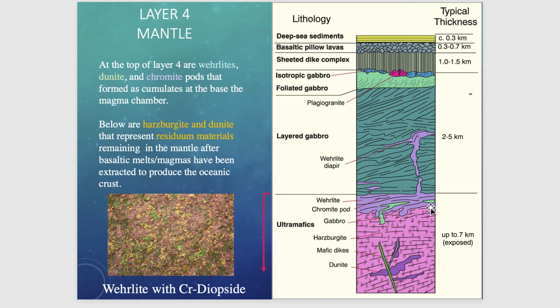In this location, commonly you have the bottom of the magmatic chamber, so you tend to have a significant amount of cumulates, and this will include chromitites, gabbros, and also wehrlite. Wehrlite is essentially a rock dominated by clinopyroxene.